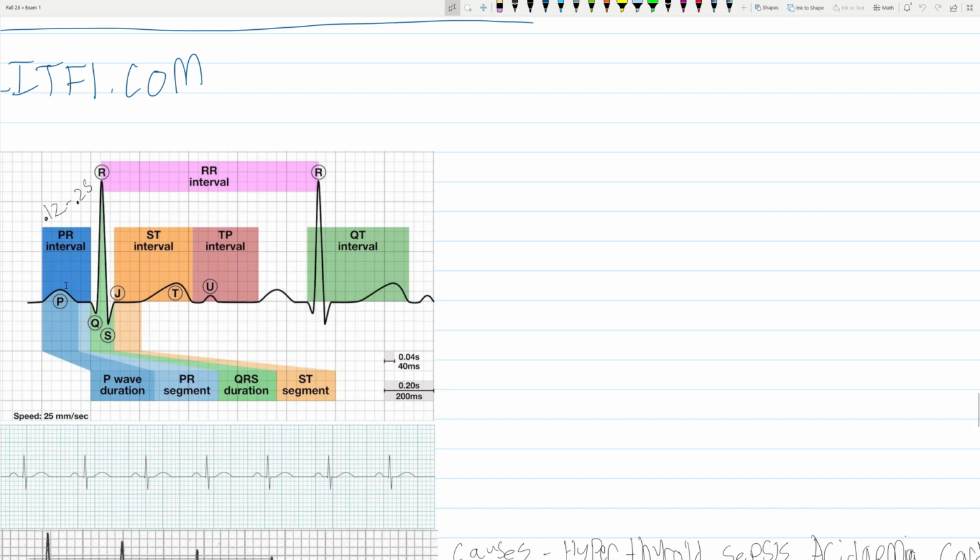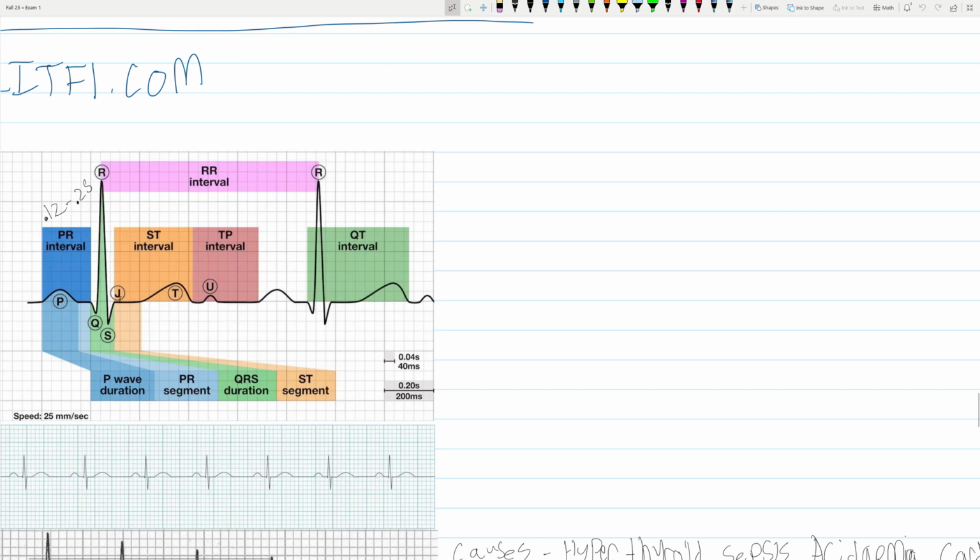The atriums are much smaller, and their repolarization is much smaller, so we're masking the atrial repolarization, which is much more minuscule compared to the depolarization. So it's going to be under here.